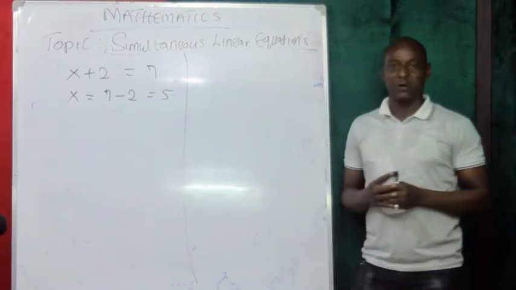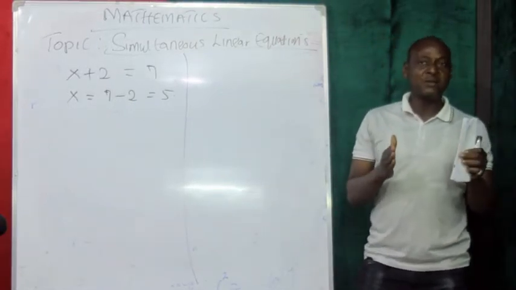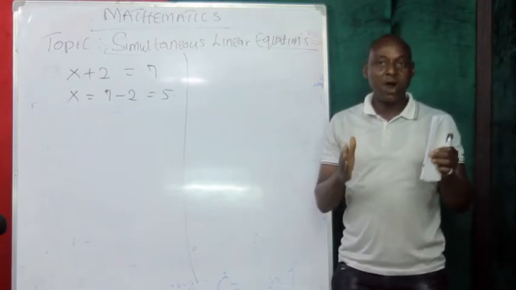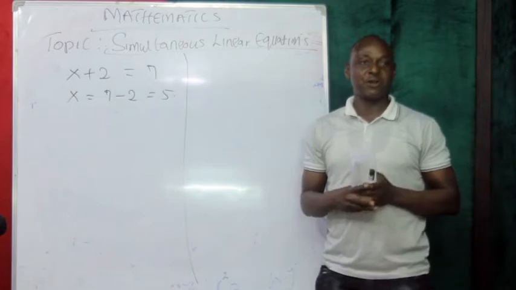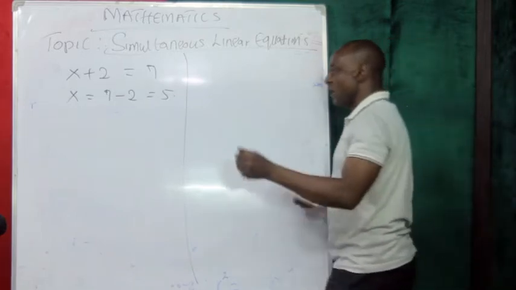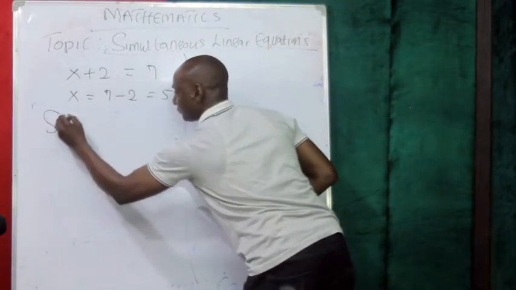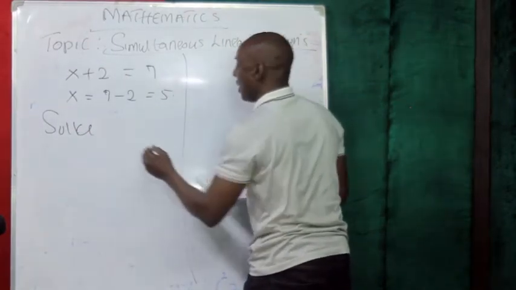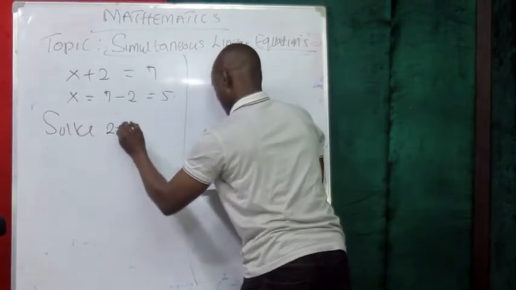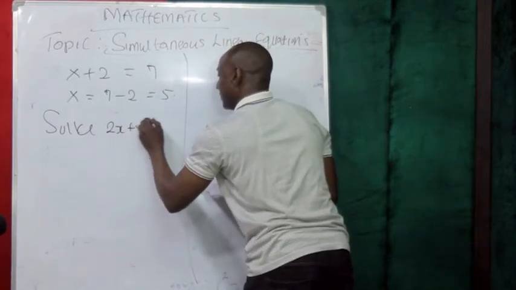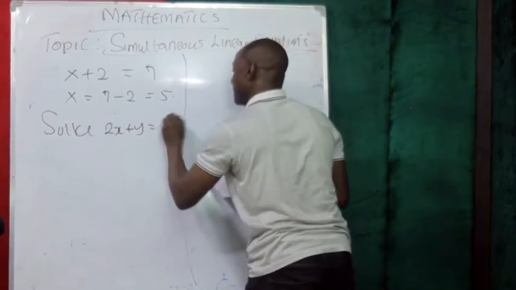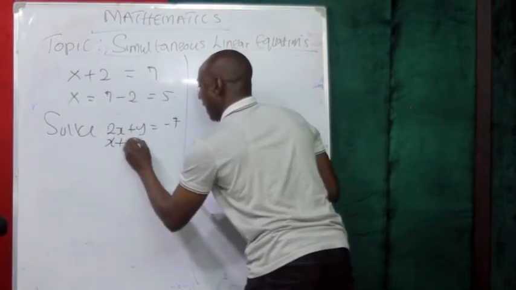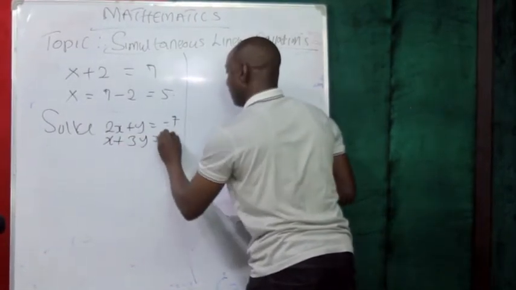Simultaneous linear equation, we said two equations with two variables is called simultaneous equation. For example, if you are asked to solve 2x + y = -7 and x + 3y = 4.